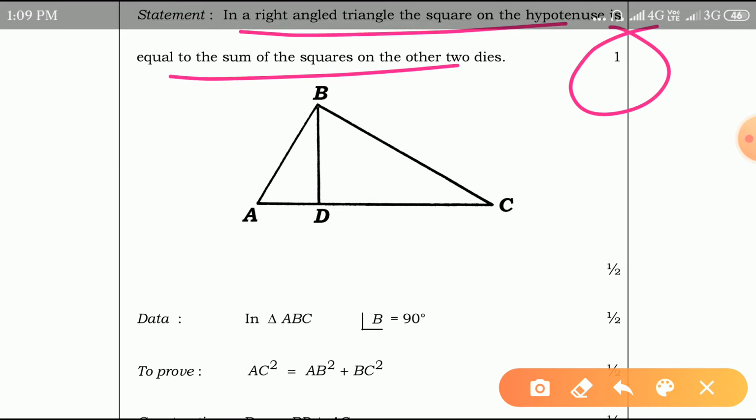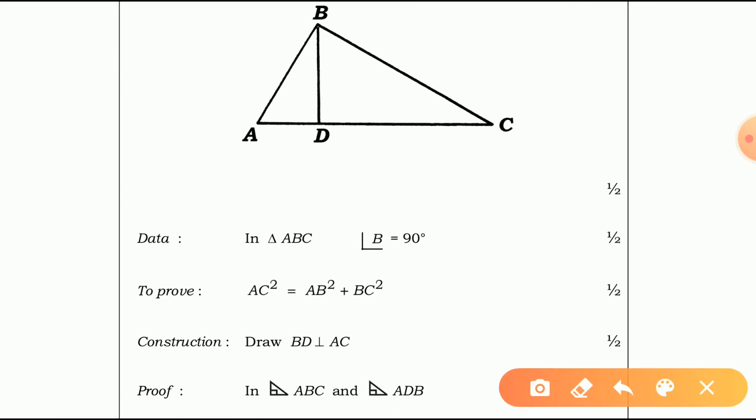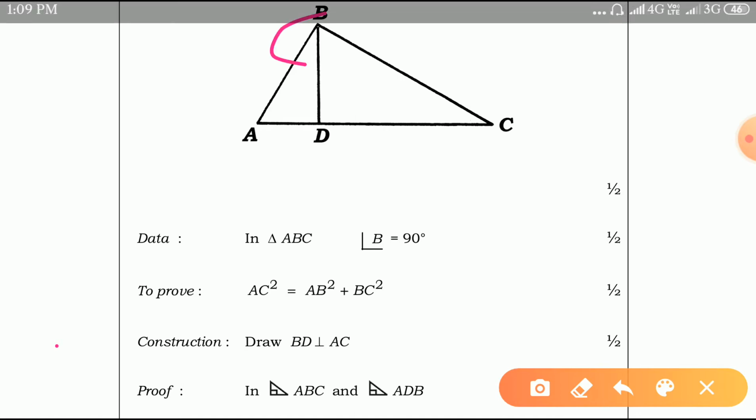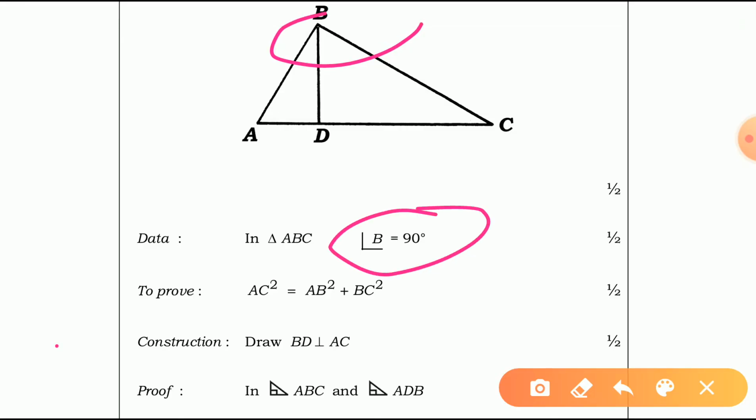Given data: in a triangle ABC, angle B is equal to 90 degrees. To prove this result: AC square is equal to AB square plus BC square. Construction: BD perpendicular to AC.